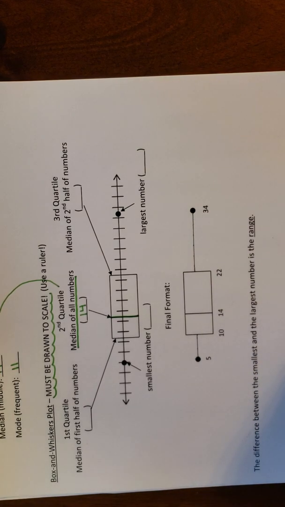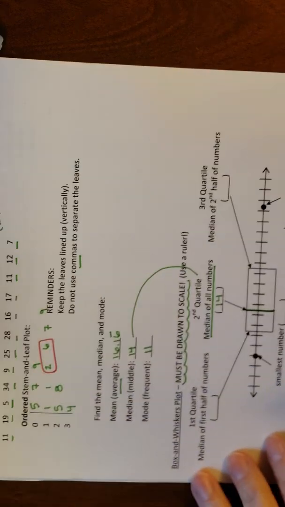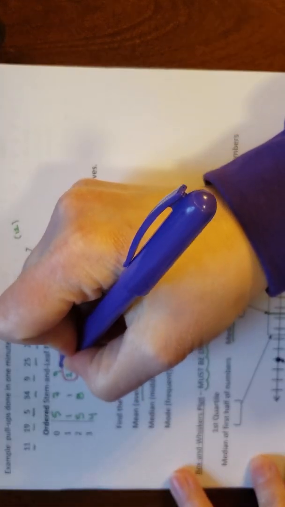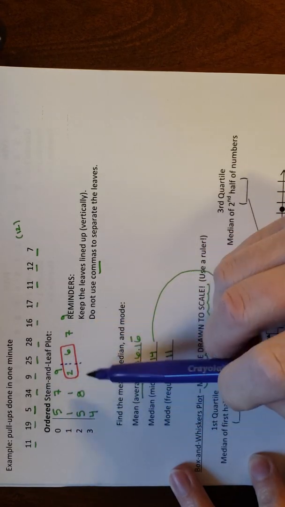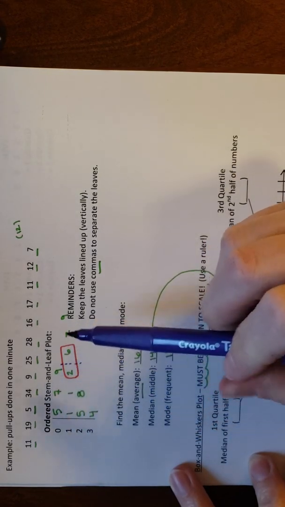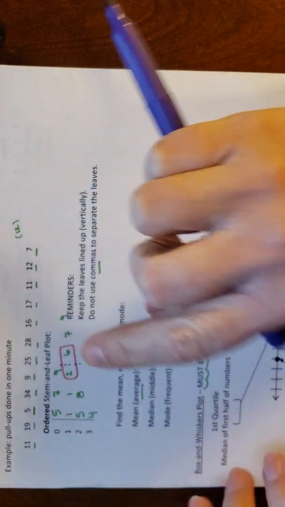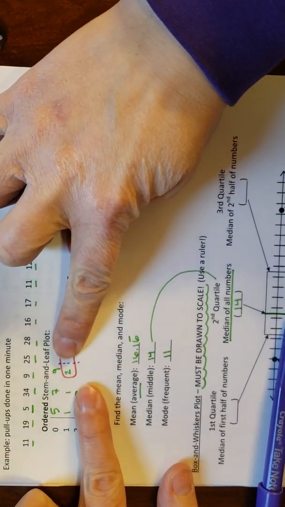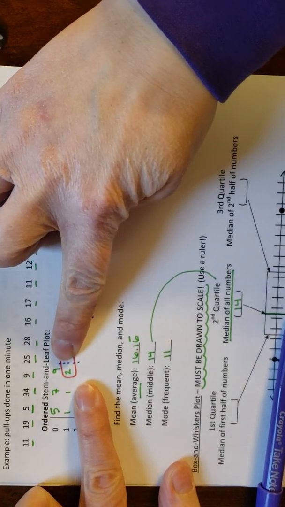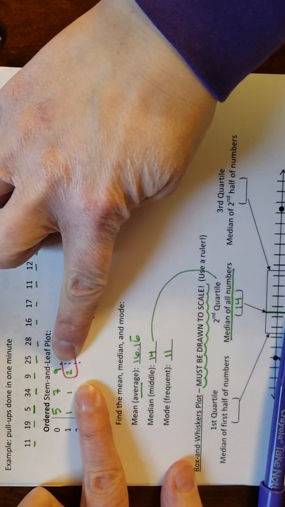Now for the first quartile, we want to find the median for the first half of the numbers. So we said before that the median of all of the numbers is the halfway point between all 12 numbers. So the median is between these two numbers. Well, now we're trying to find the median of the first half of the numbers. So what's the middle number of those 6 numbers?